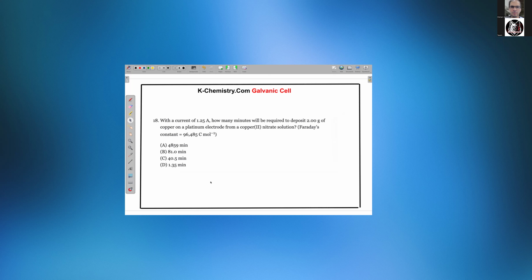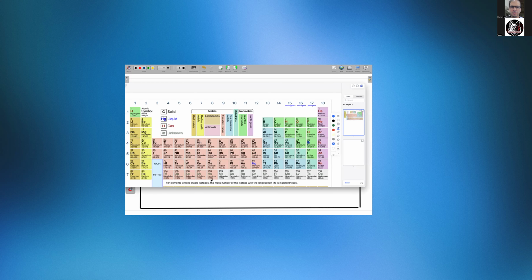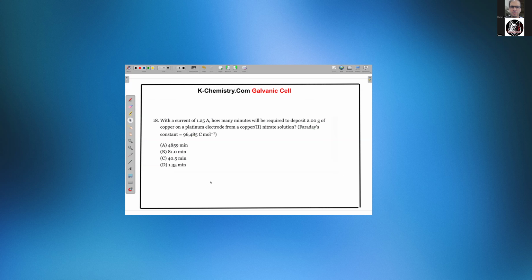So what's the molar mass of copper? The molar mass of copper is shown here as 63.546.